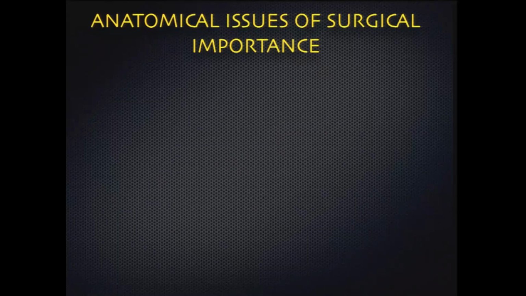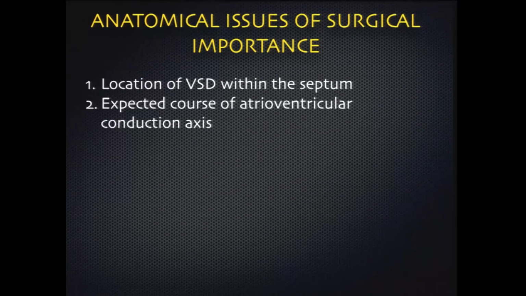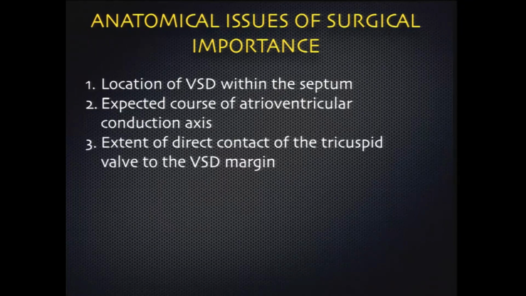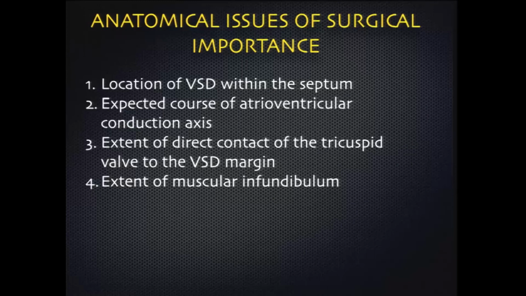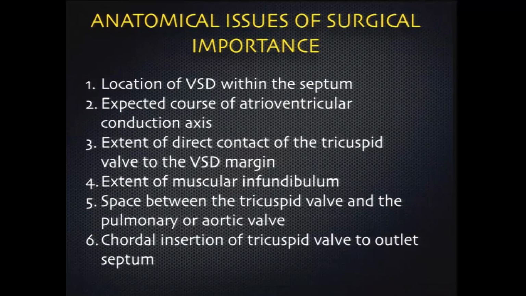And then also we need to describe the anatomical issues of surgical importance, which is again location of the VSD, expected course of the atrioventricular conduction axis, extent of direct contact of the tricuspid valve to the VSD margin, extent of muscular infundibulum, space between the tricuspid valve and the pulmonary or aortic valve, and then caudal insertion of the tricuspid valve to the outlet septum.